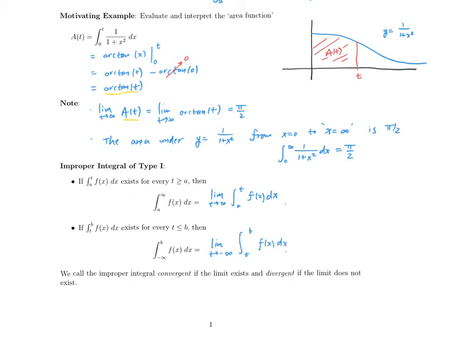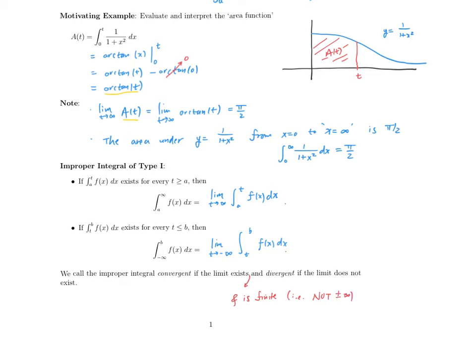And in terms of some language, since we are dealing with limits, we will call the improper integral convergent if this limit exists, and I need to throw in just a little bit more language, and it also has to be finite. So if the limit exists and is a finite number, that is to say it's not plus or minus infinity.